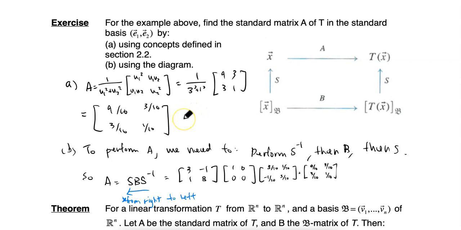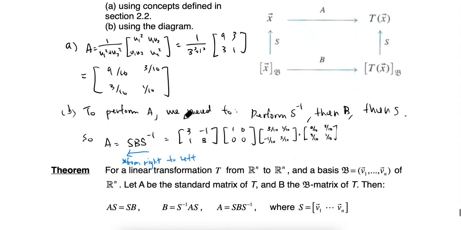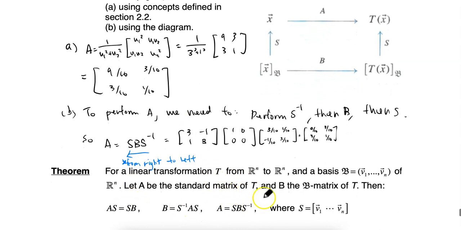So if we now were to talk about transformation in 3 dimensions, we could not refer to section 2.2. So finally, just as a conclusion, A is S B S inverse, where S is defined as the matrix whose columns are the vectors in the new chosen basis.